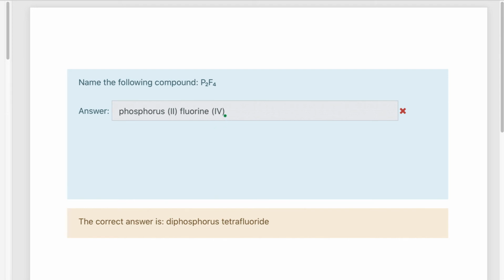And then I wanted to pull one of the molecular formulas I was looking at from the quiz. So one thing to note is that you never use the Roman numerals on molecular compounds. Actually, let me back up for a minute. How do I know this is a molecular compound? Well, if I find phosphorus and fluoride on the periodic table, they're both nonmetals.